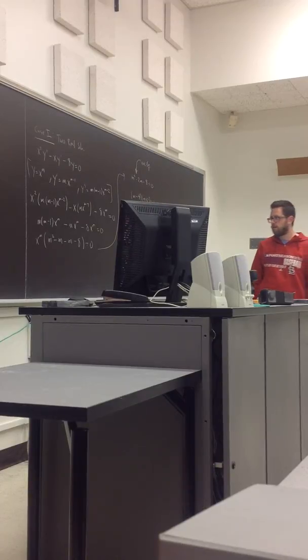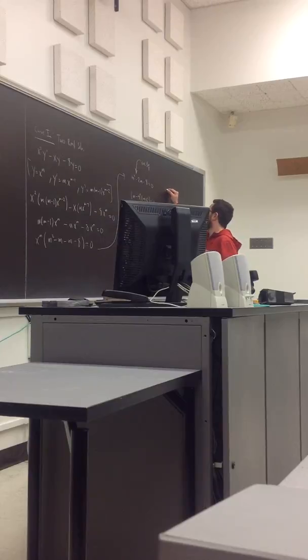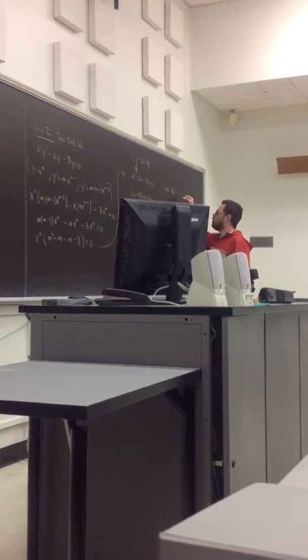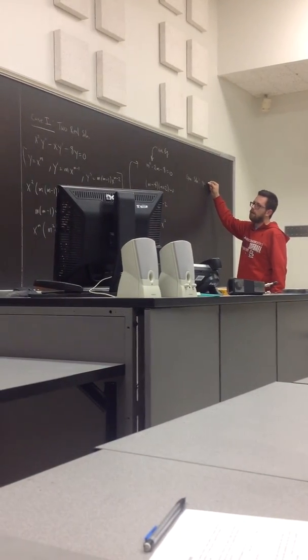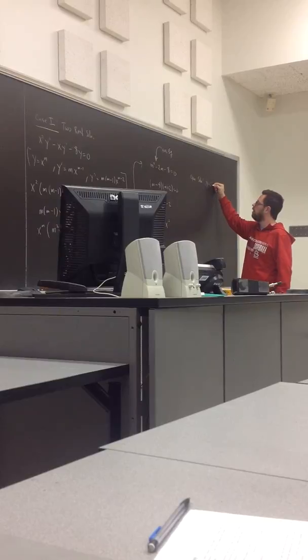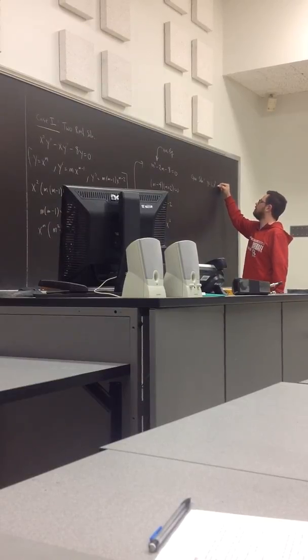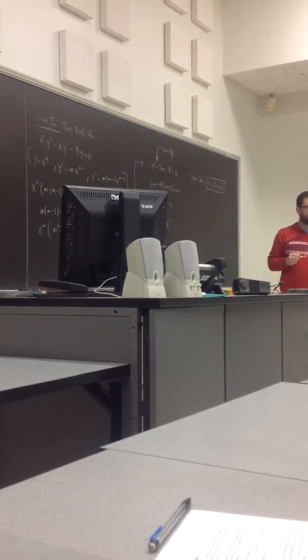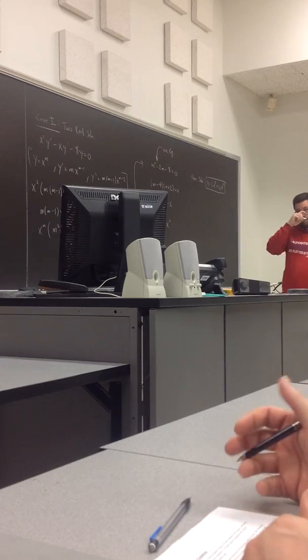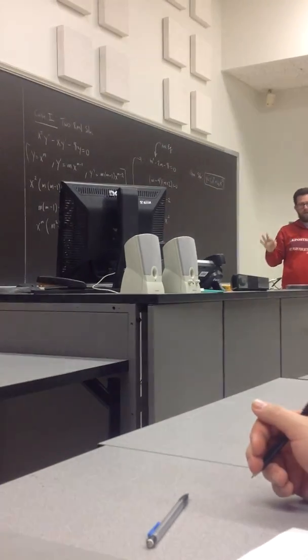That's enough to write the general solution: y equals C1 x to the fourth plus C2 x to the minus 2. Pretty simple. This is the best case: distinct solutions.